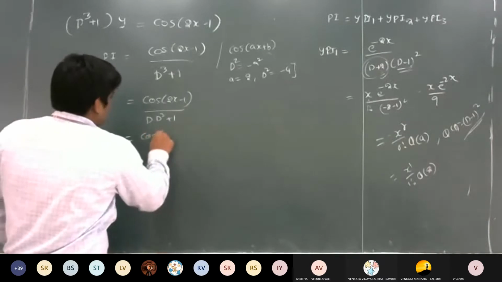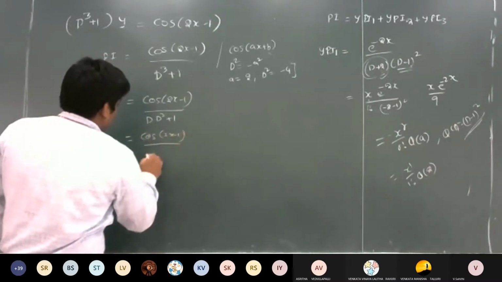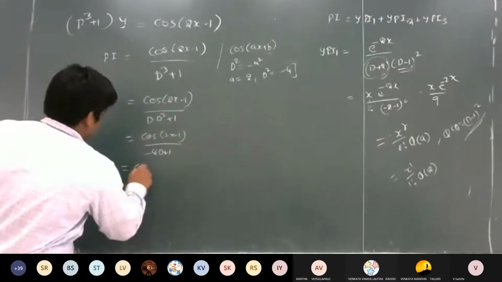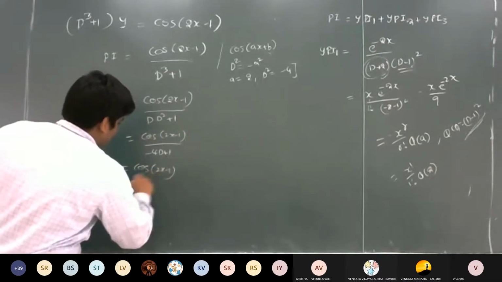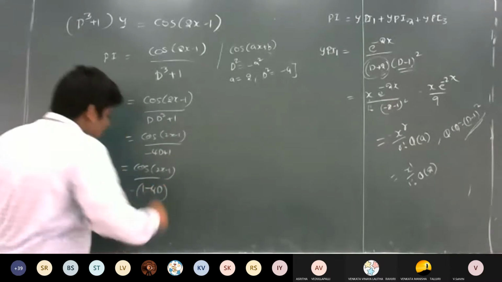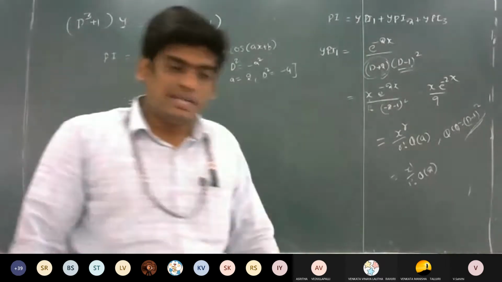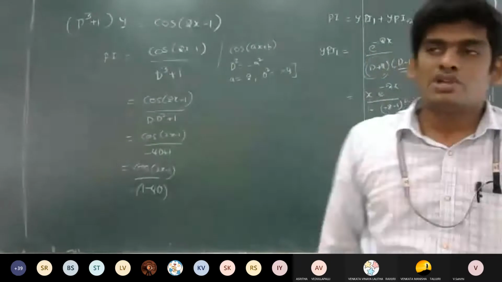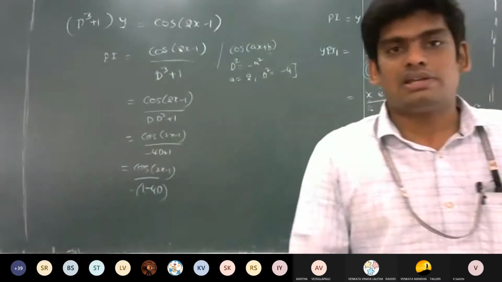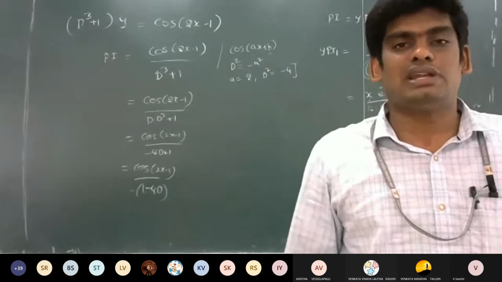That is equal to cos of 2x minus 1 by minus 4D plus 1, that is cos of 2x minus 1 by 1 minus 4D. Still we have the derivative terms in the denominator, so it is not good. We have to eliminate the derivative terms from the denominator.